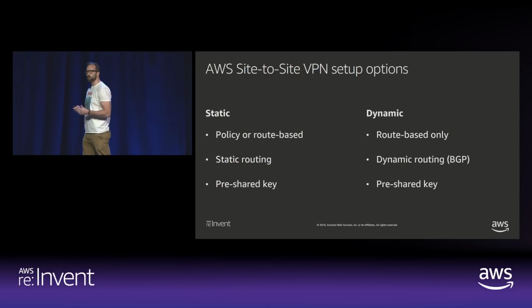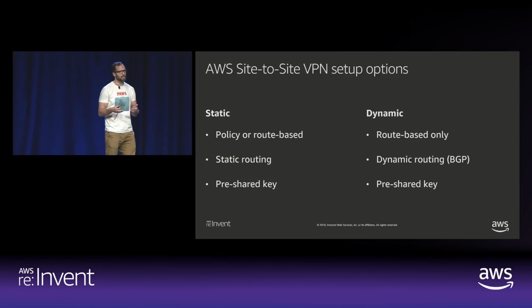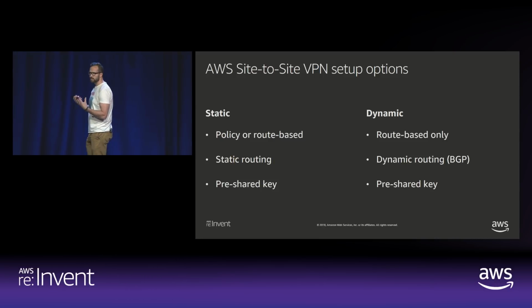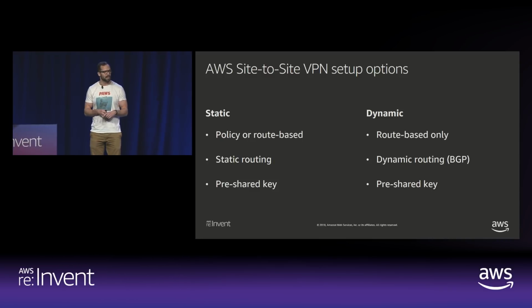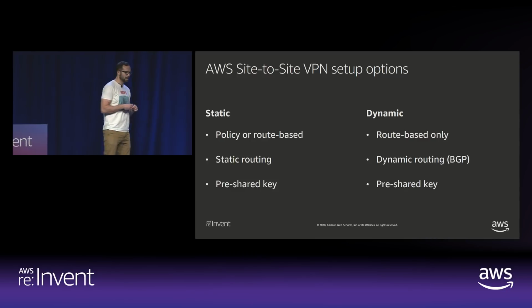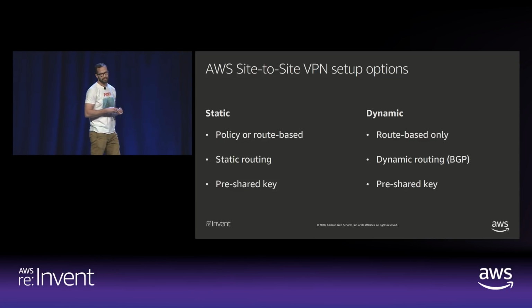And we give you two setup options. So you can set up your VPN as a static VPN or as a dynamic VPN. And what's the difference? So a static VPN, from a configuration point of view, can either be policy-based or route-based, whereas the dynamic VPN is always going to be route-based. And the difference here is if you're setting up your device to be for a policy VPN, you're effectively defining the interesting traffic that should be encrypted to be sent to the other side.